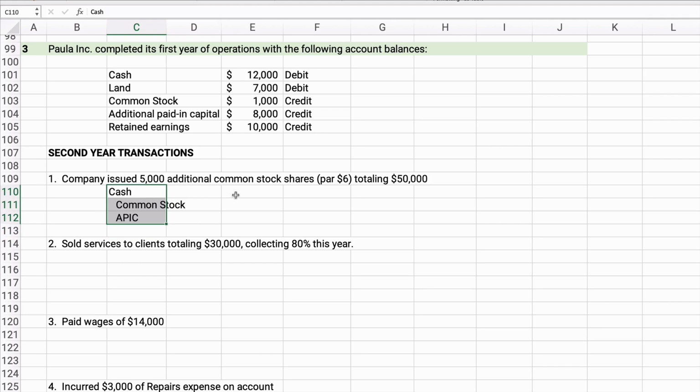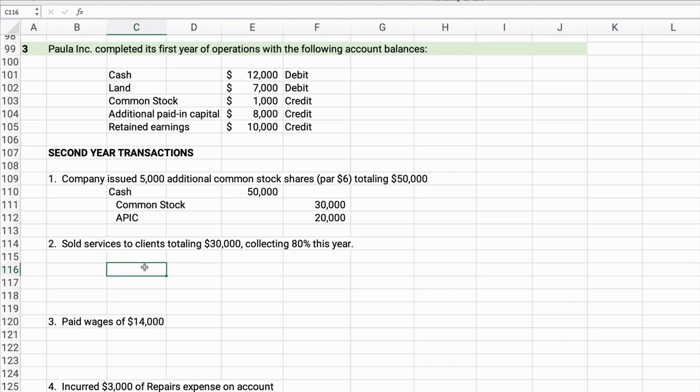So here's our cash. How much cash did we receive? Well, it's 50,000. Well, we have to record the common stock at par. So we're going to record 5,000 shares times $6 per share. So that has to be 30,000. So the difference is the $50,000 minus the $30,000. So our additional paid-in capital is going to be $20,000.